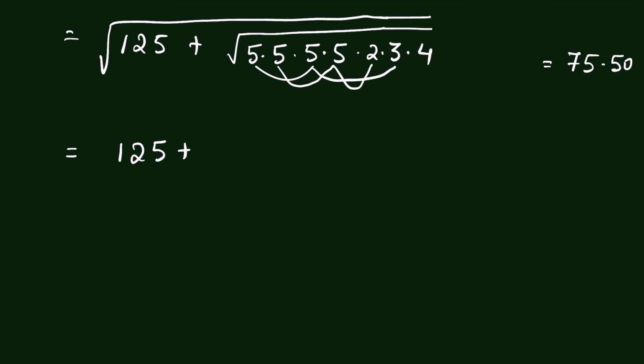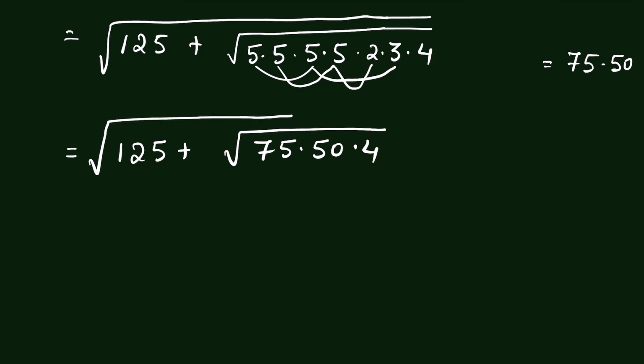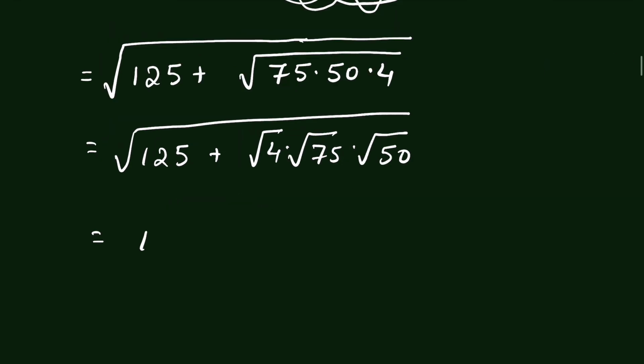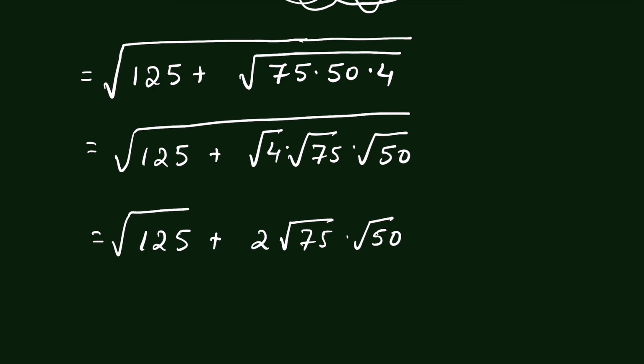So we can write it as 75 times 50 times 4 under square root, then all under square root, or 125 plus, this is square root of 75 times square root of 50 times square root of 4 under square root, or 125 plus square root of 4 is 2, so 2 times square root of 75 times square root of 50 under square root.